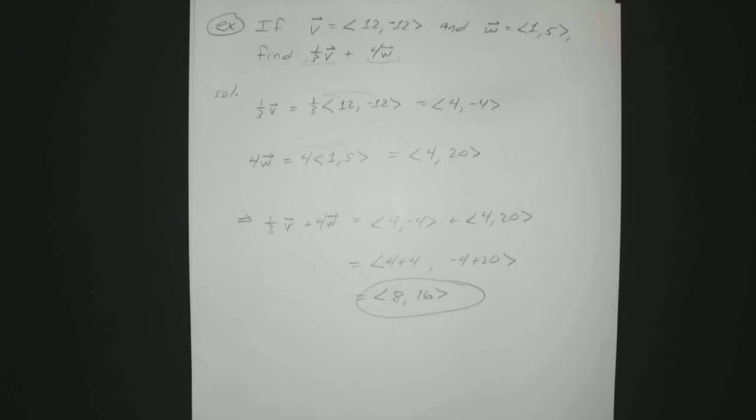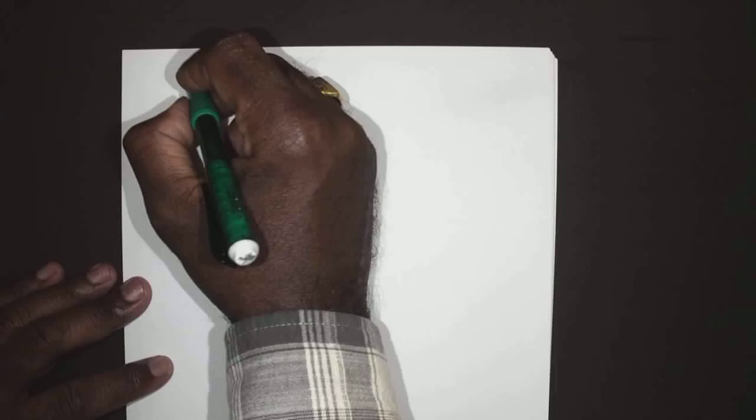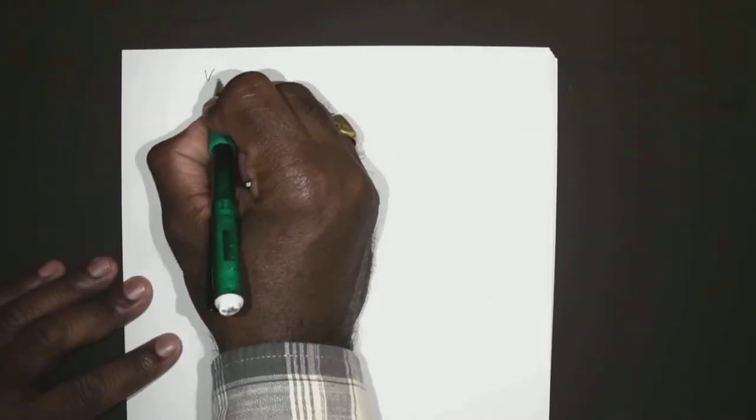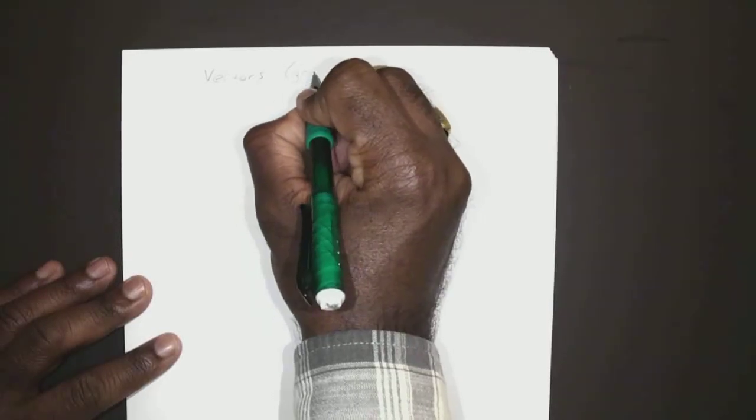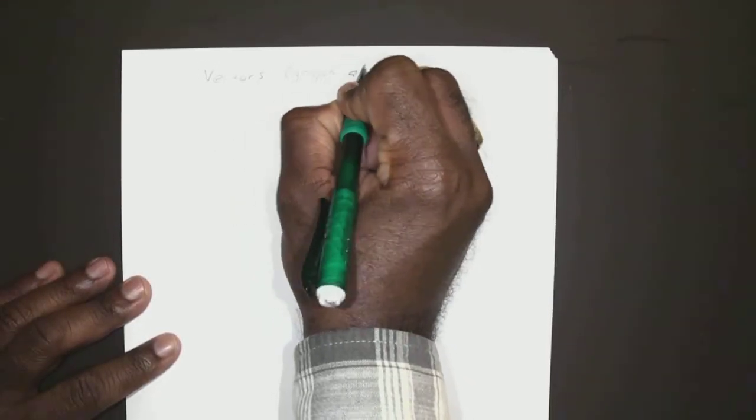Looks like everyone's done. Okay, so now we have the vector equations. We're going to look at now how that translates graphically. So vectors graphically.